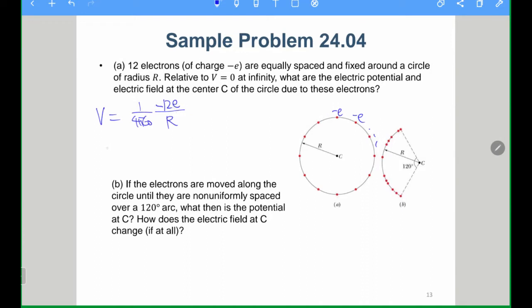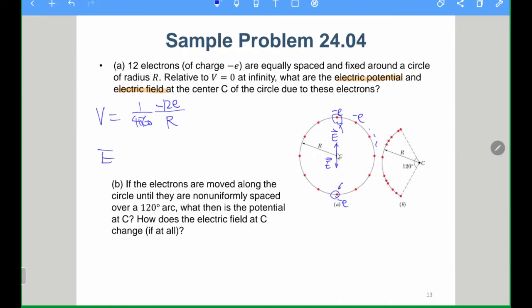And for the E field, does it ask? Oh yeah, it actually asks the electric potential and also the E field. So for the E field, we can quickly see that, for example, for this one and this one, both of them are negative e. The top one will generate the E field pointing to the top side, and this one will generate the E field pointing downward.